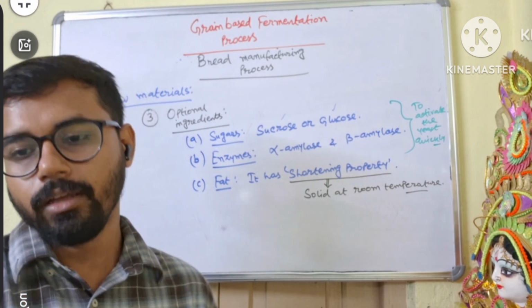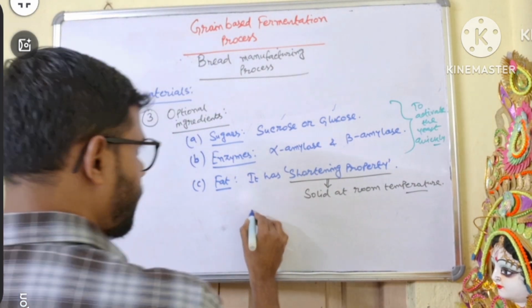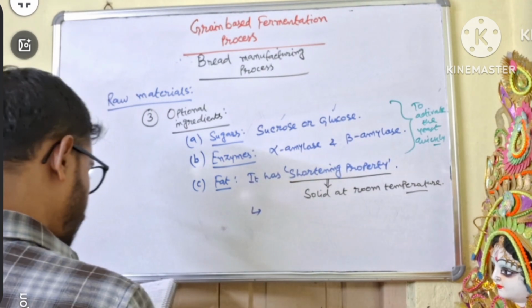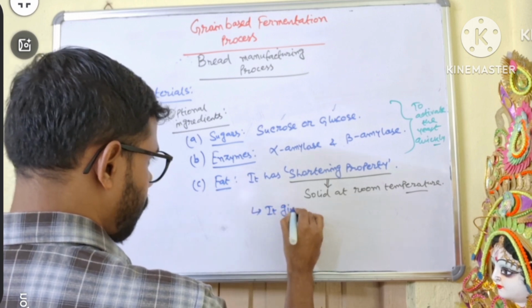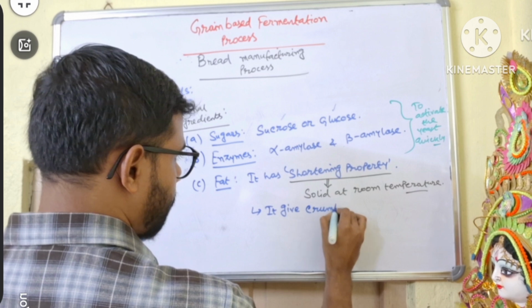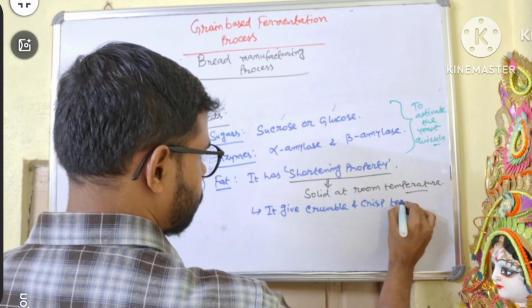So all molecules are held by the fat. So fat can be added because of this good shortening property. It gives a crumbly and crisp texture.